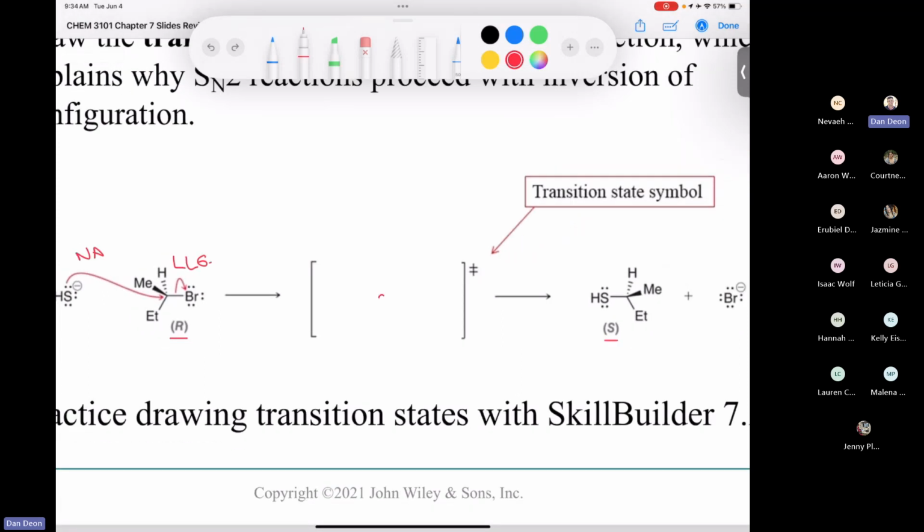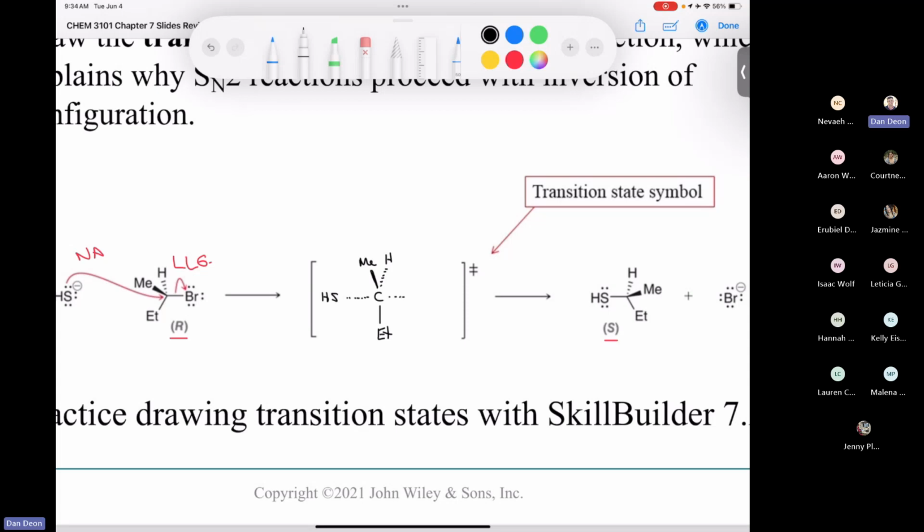So I'll put the carbon, I'll use black. We have the carbon here. We're going to have our methyl group, put it like this. We're going to have our hydrogen like this, and we're going to have our ethyl group going down like this. And then we're going to have a partial bond to the sulfhydryl, okay?